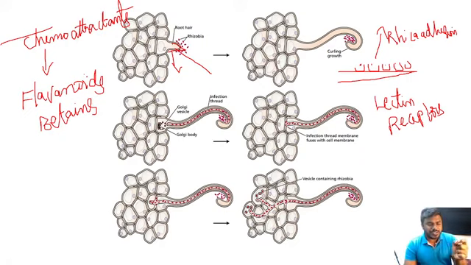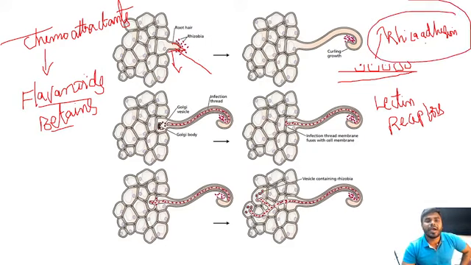First, the root hair releases chemoattractants, for example flavonoids and betaines. Flavonoids and betaines enter the soil and attract the bacteria. Now all the bacteria come close to the root hair. They come and attach to the lectin receptors present on the root hair. The attachment of the bacteria to the root hair, we call Rhicadhesion.